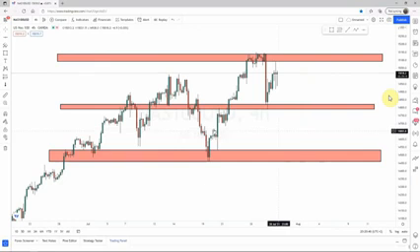We can see that price pushed away every time it got to this zone. Can you see that? Yes, sir. We can all see that, right? We can see that price pushed away every time it came to this demand zone. This demand zone saw price push away.